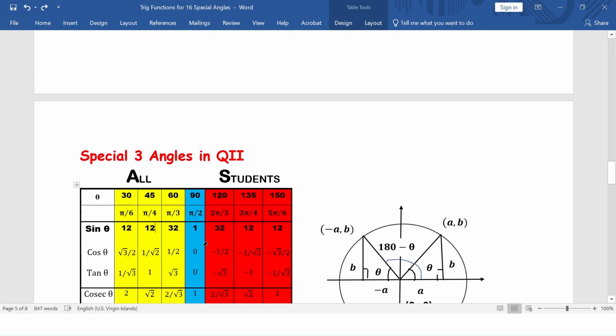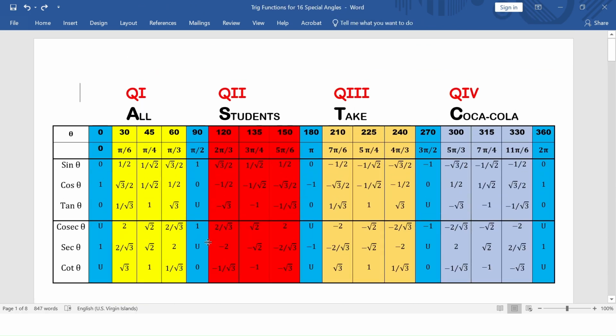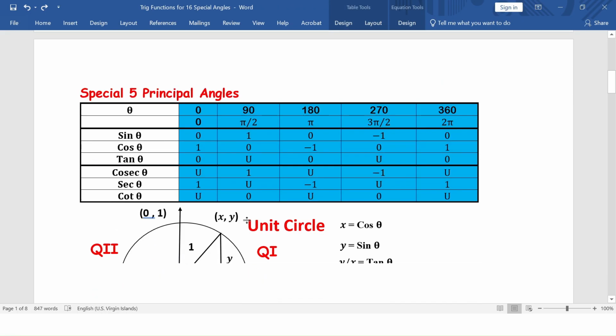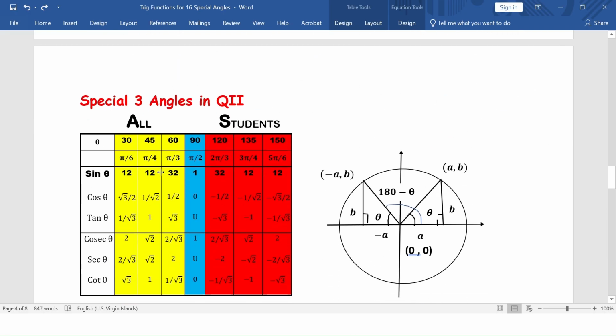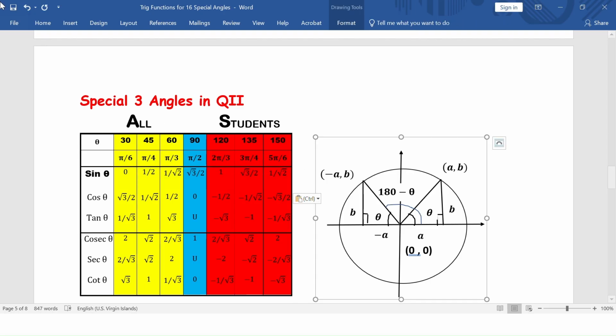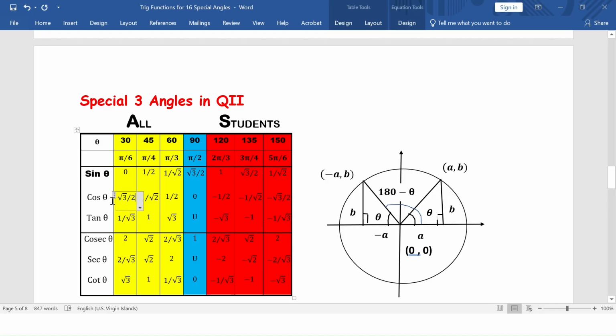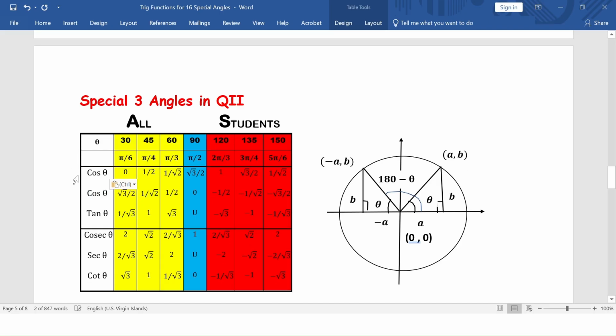Or if not, I can take them from above. Let me copy this one so that they're the same and paste there.